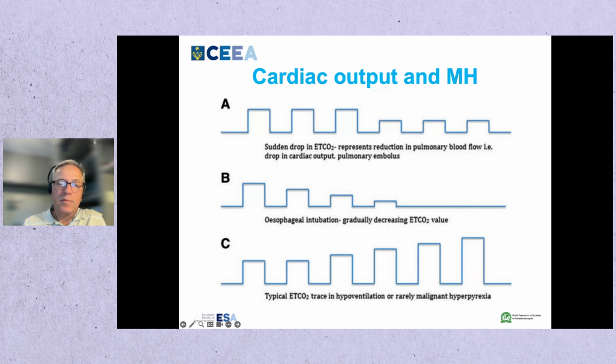And in C, diagram C at the bottom of the slide is a typical trace of the fast rise of end-tidal CO2, classically representing acute MH, malignant hyperpyrexia. If you see this pattern, take the temperature if you're not monitoring it constantly, and be very suspicious if your temperature goes up by 1 degree in an hour. This is very suspicious for developing malignant hyperpyrexia.